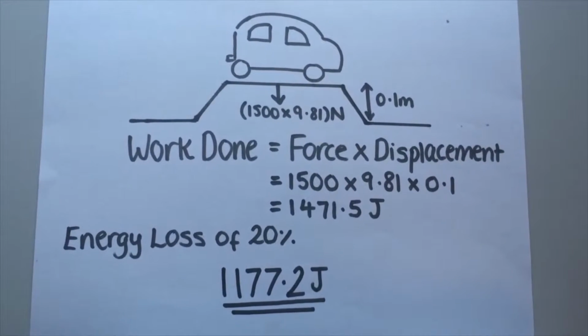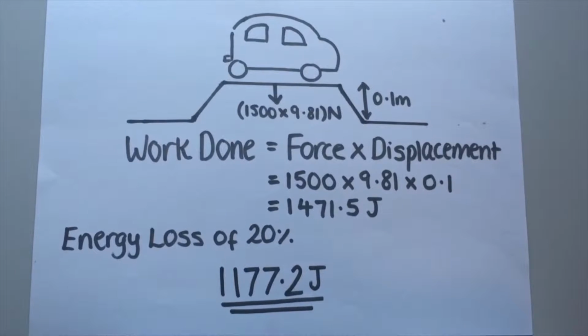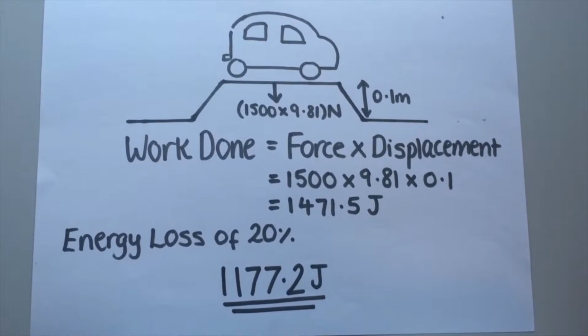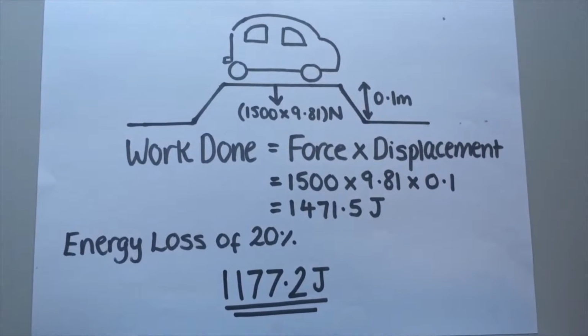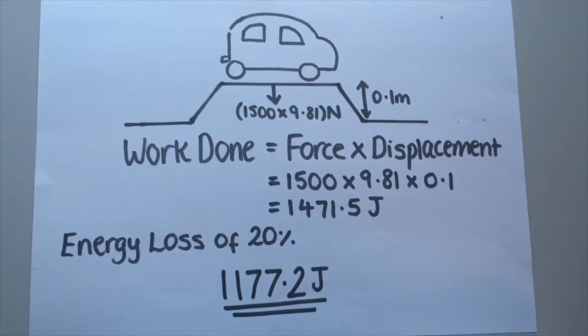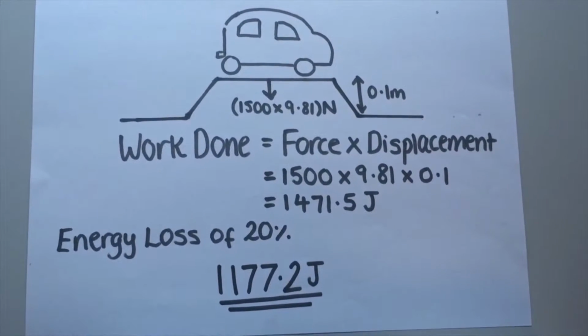Firstly, we want to calculate the energy produced by one car going over the speed bump. We do this by using the equation work done equals force times displacement, where force is the average mass of our car, 1,500 kilograms, times by gravity, and the height of the speed bump is our displacement, which is 0.1 metres. This gives us 1,471.5 joules.